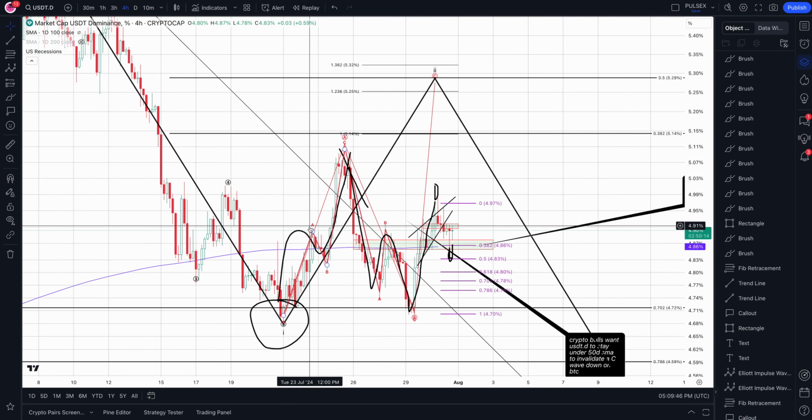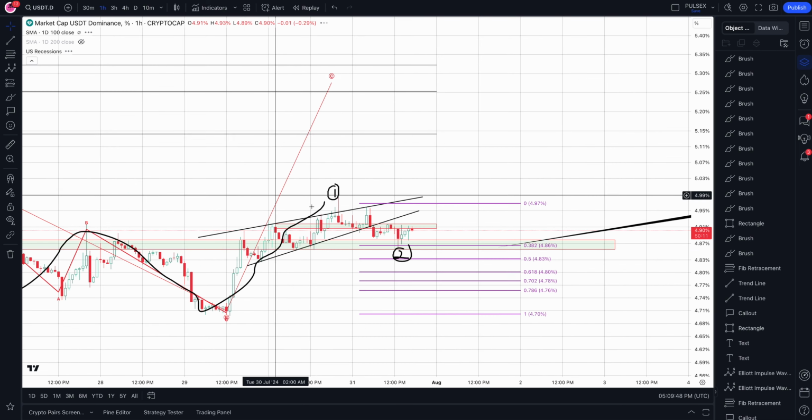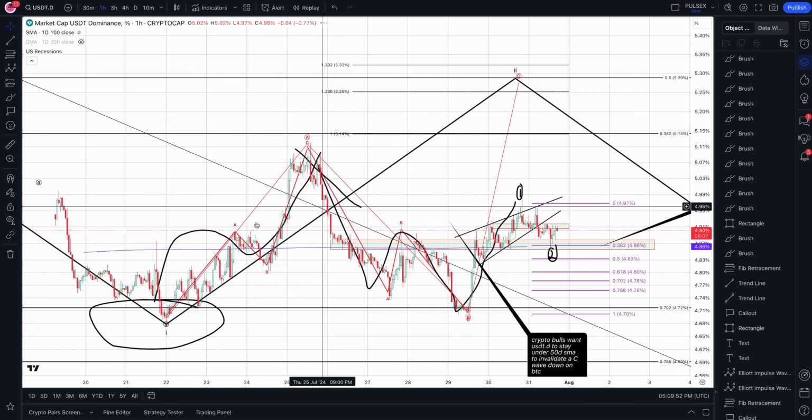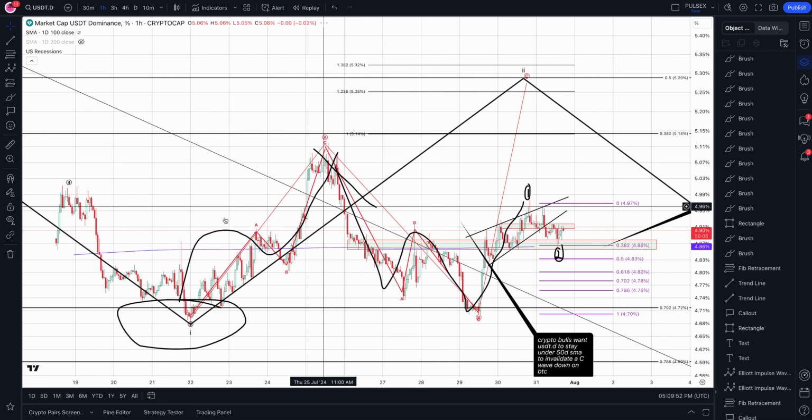So zooming in over here on the hourly time frame. This chart is just lagging over here, one sec.